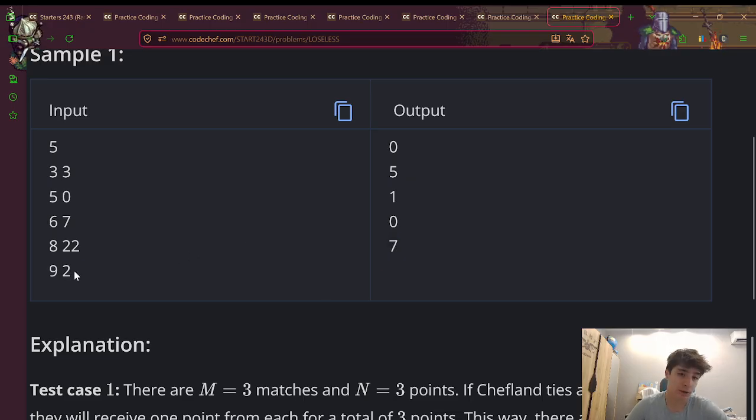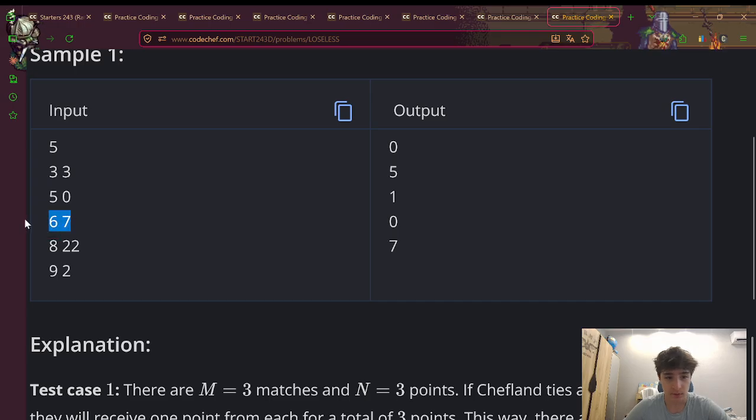And how to calculate this, for example. Wait a minute, I missed that.